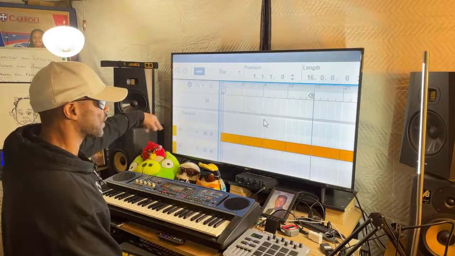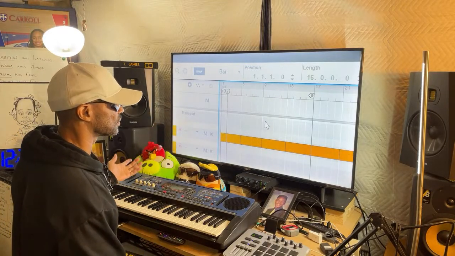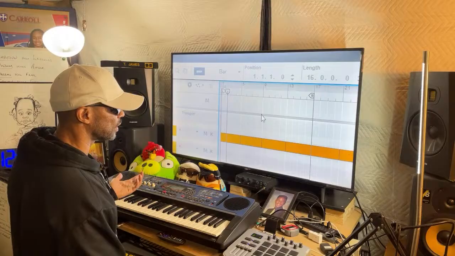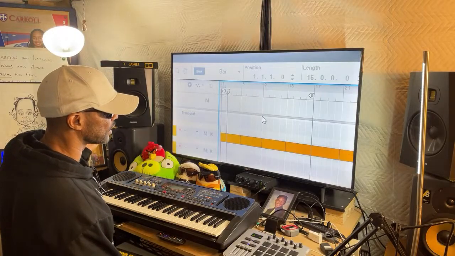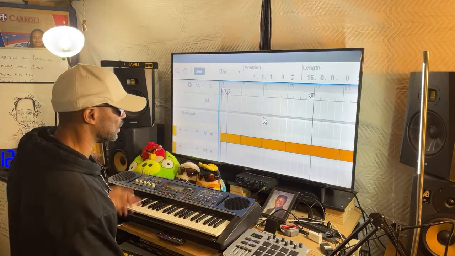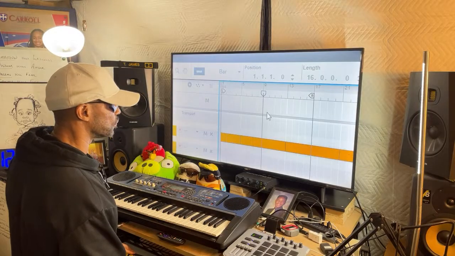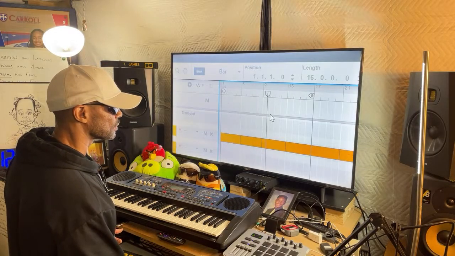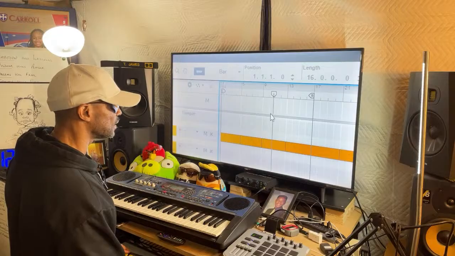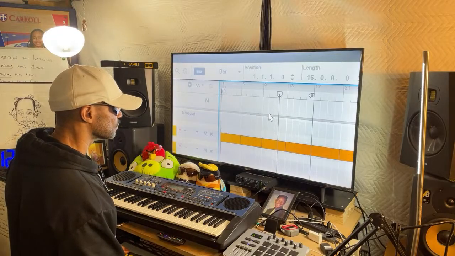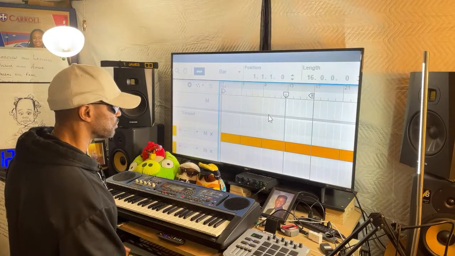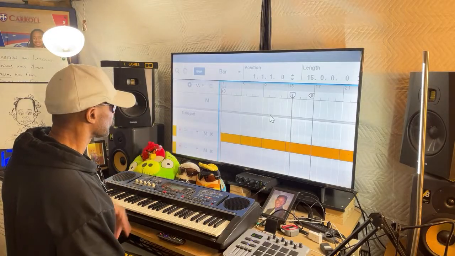So anyway, that's starting at a different position or a different note, and it's repeating. But this is the root. The root is this.